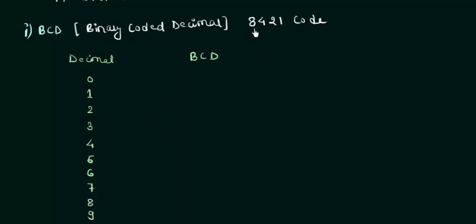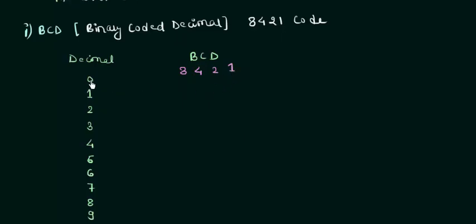By using this 8421, let's see how we can code it. This 8421 is actually the weight of the different bits. The first bit has the weight of 1, the second bit has the weight of 2, the third bit has the weight of 4, and similarly the fourth bit has the weight of 8. If you have already learned from my previous lectures, then you might know what this weight is.